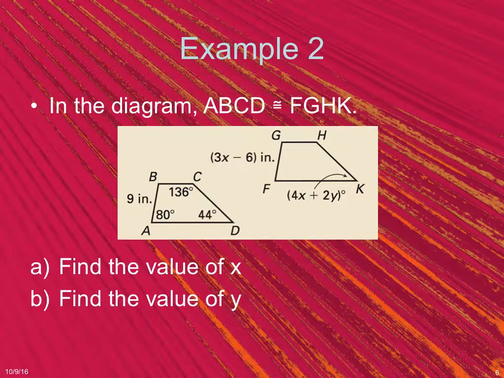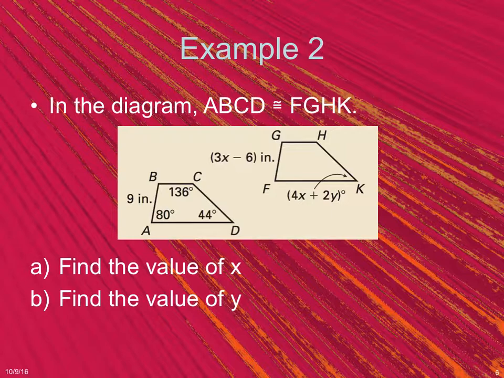Another example. We actually don't have a triangle here, but we still have congruent figures. So we have a quadrilateral, and it actually looks like a trapezoid. We have trapezoid ABCD is congruent to trapezoid FGHK. Again, the matching of the letters is important.